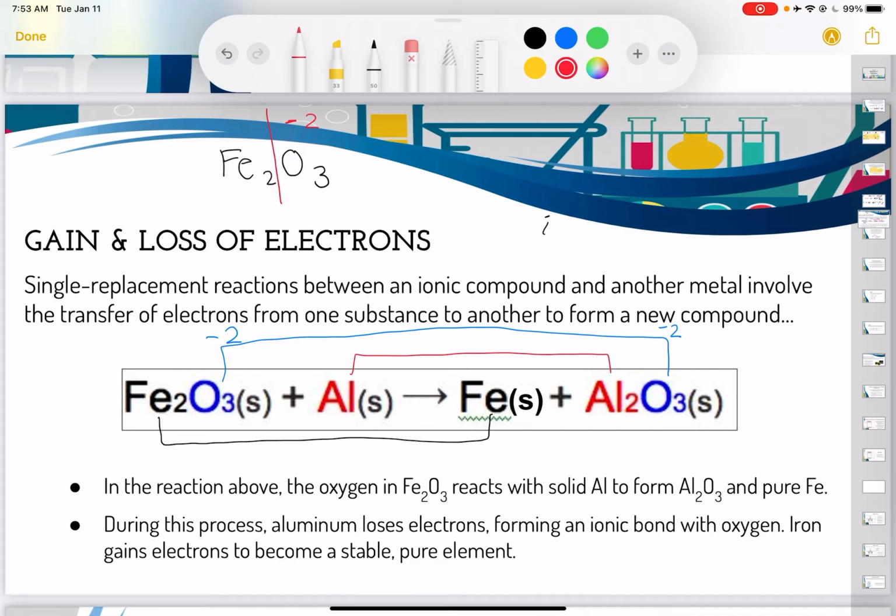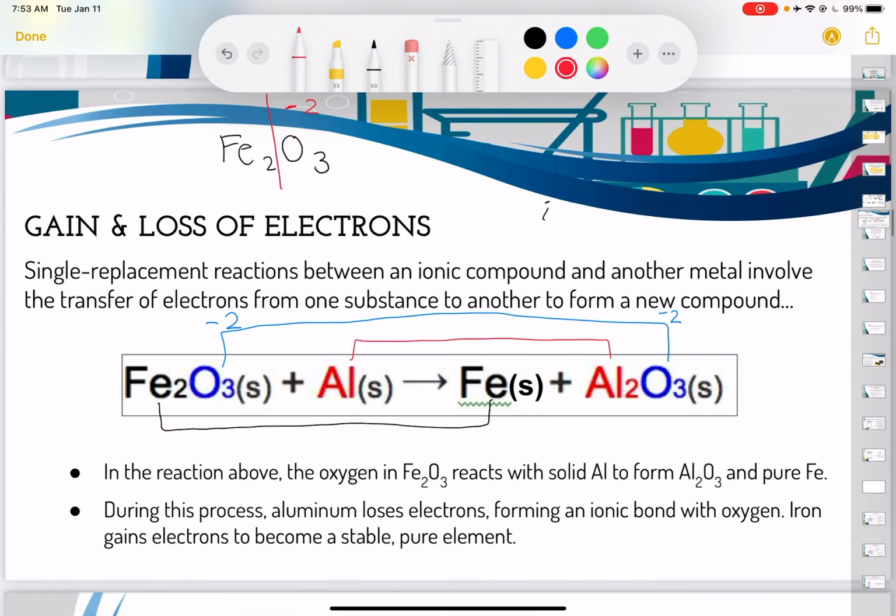So if we split this compound into its sides, the oxygen is -2, and we've got 3 of them. So 2 times 3 gives us -6. That means that this whole side has to be +6 to be balanced, because our compounds are always balanced. They're always sort of the same charge.